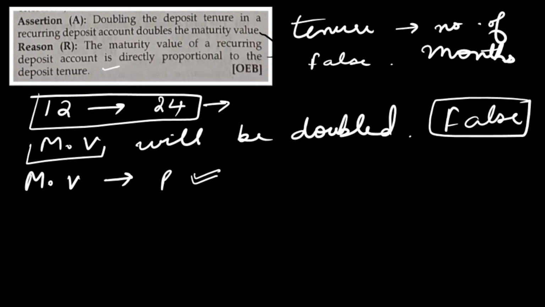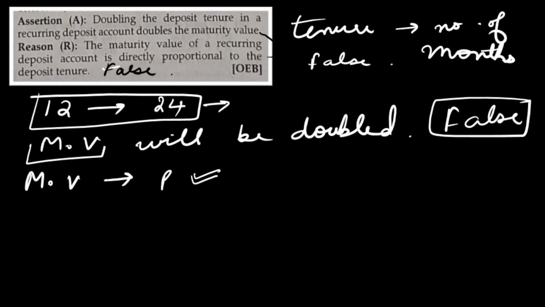I don't see any answers over here. The maturity value of a recurring deposit account is directly proportional to the deposit tenure. This is also false.